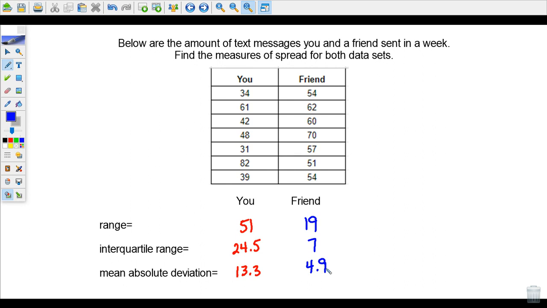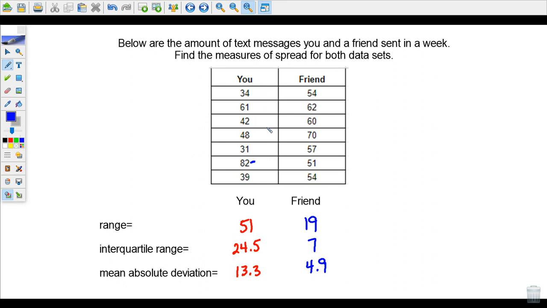Just looking at the tables, this is another good example of how you can already tell that your friend's is a little bit more consistent, a little bit closer together. Your amount of text messages are pretty spread out. You have this 82 right here, which could be called an outlier. It's a lot different than all of the others.